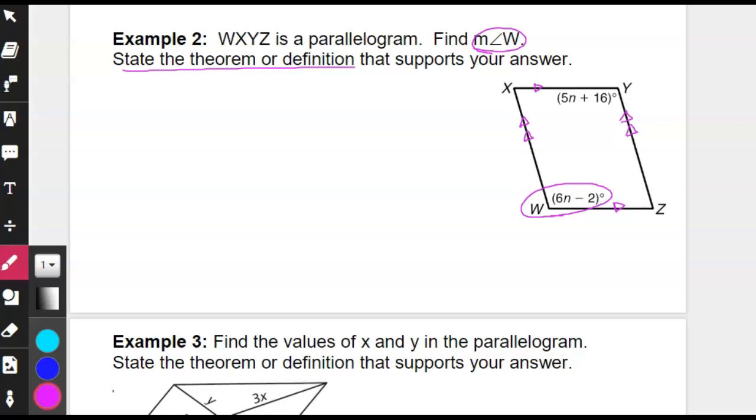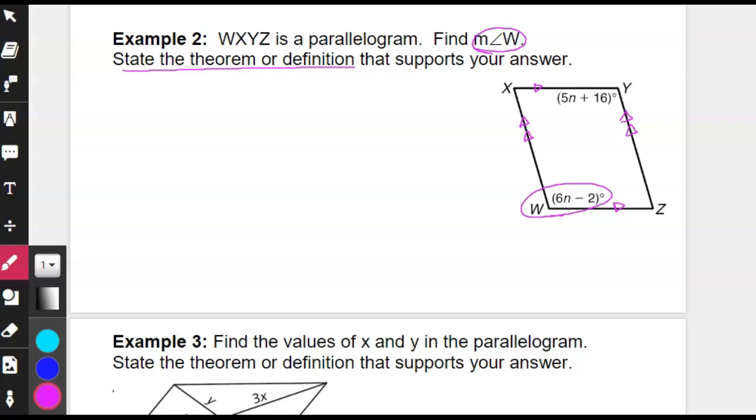So I noticed that angle W's measure is an expression in the diagram, but I also noticed that there is an expression for the opposite angle. And if I scroll up to the properties, I can read that if a quadrilateral is a parallelogram, then opposite angles must be what to each other?